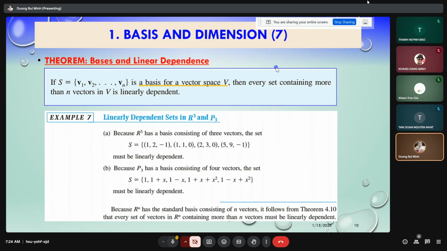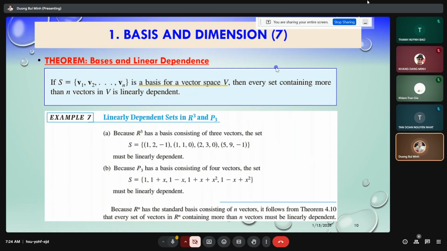We have S, a basis for a vector space V. Then every set containing more than n vectors in V is linearly dependent.